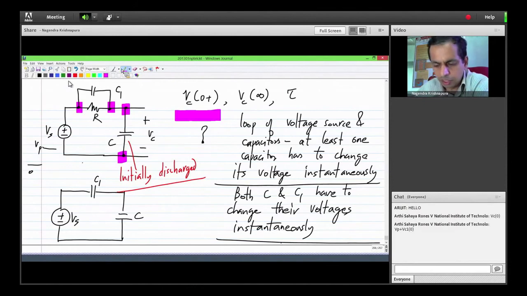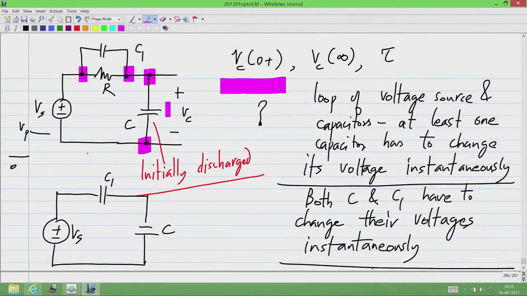So then, assuming that both of them change, we have to calculate the change in Vc. Let us assume again that C is initially discharged. That is, at t equal to 0 minus, we have 0 volts across this, which also means that there is 0 volts across C1.